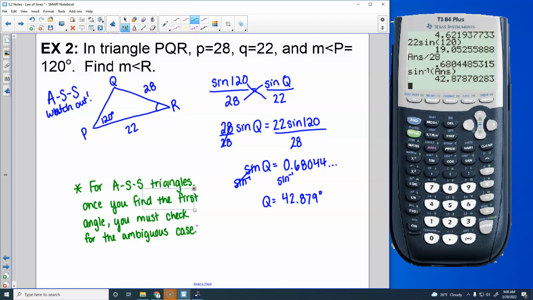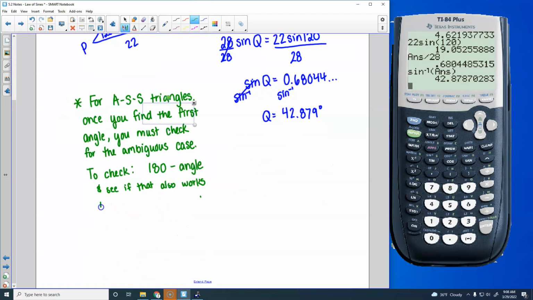So to check, we're going to do 180 minus the angle and see if that also works in the original triangle.